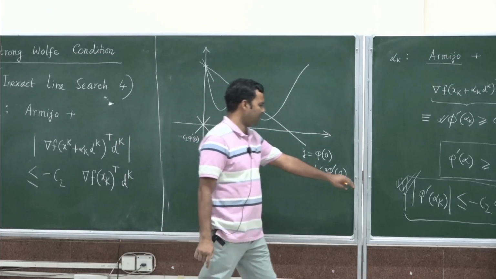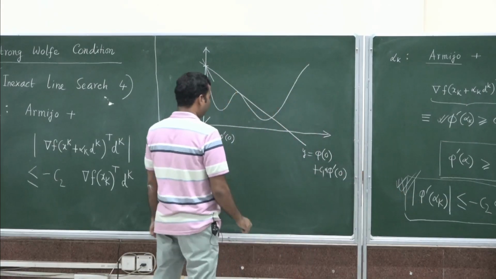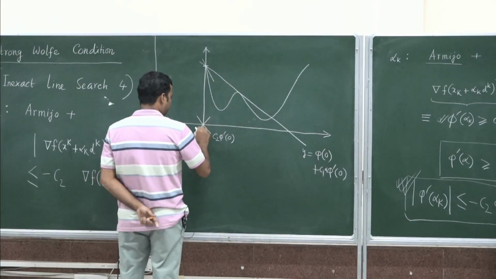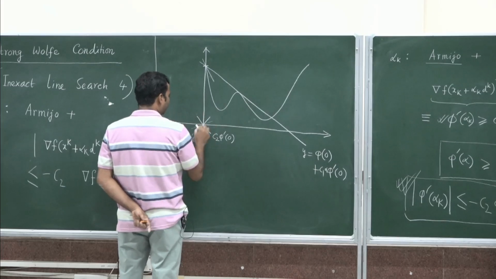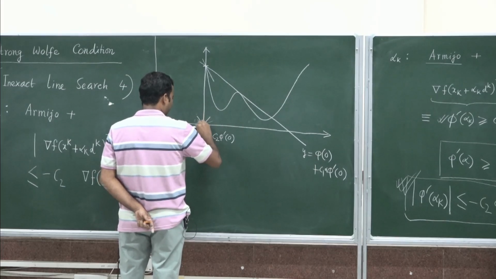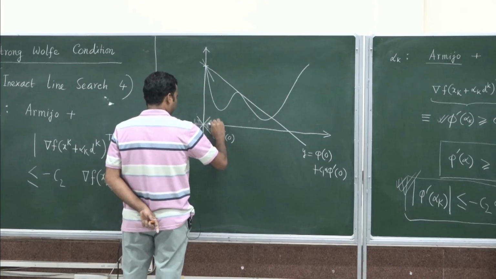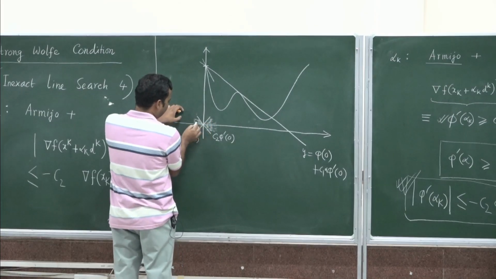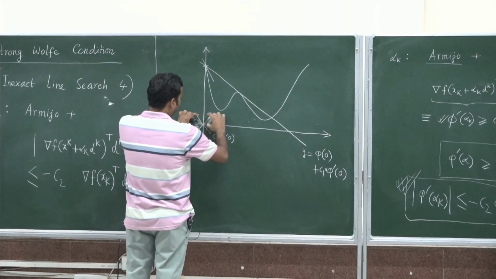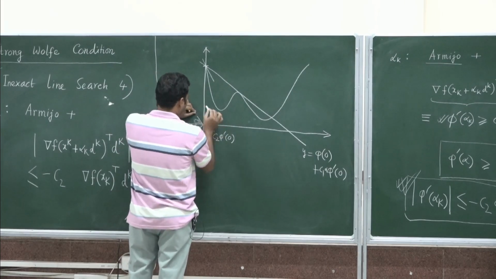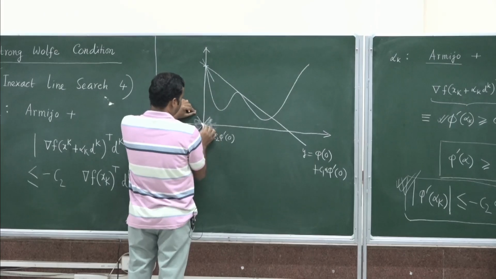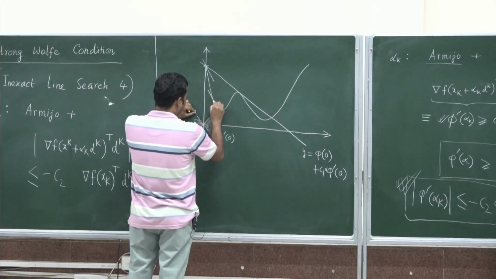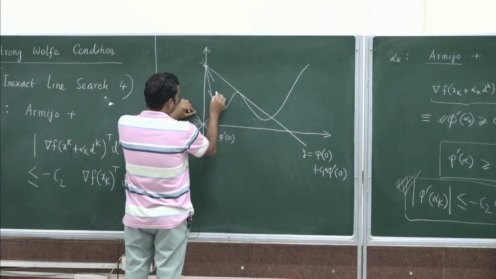This inequality says that the slope must be in between these two lines, right? In between these two lines means the graph should be in between these two cones, right? So accordingly, this entire cone, this particular region, we map over here. So here is the parallel line, starting from this parallel line it will touch over here, and then this line.